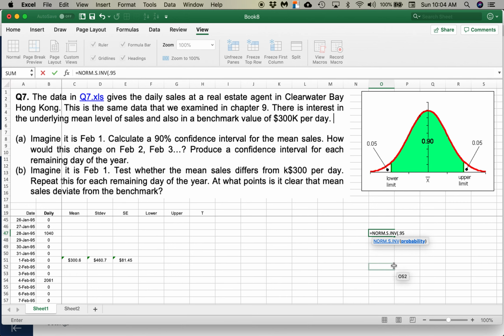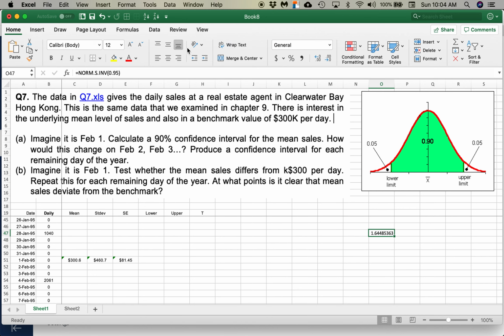So if we put in 0.95 and a closed parenthesis and hit enter, we get 1.64, and if we go to the home screen and decrease the decimals so we can get a nice number to work with, we get 1.645. Let's call it 1.65, that's what most people do. So that's a 90% confidence interval, 1.65.